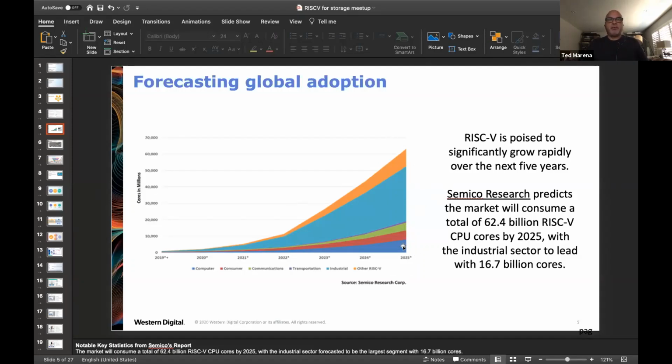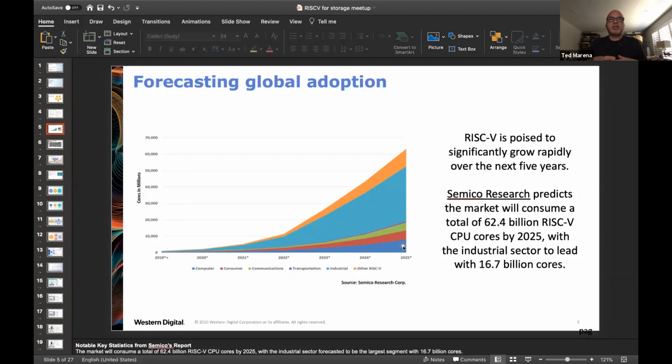A lot of the initial usage of RISC-V is embedded cores, similar to what I'm going to show you that Western Digital is doing. Companies like NVIDIA and Samsung embed smaller controllers inside the device. That's a lot of times how people get started.